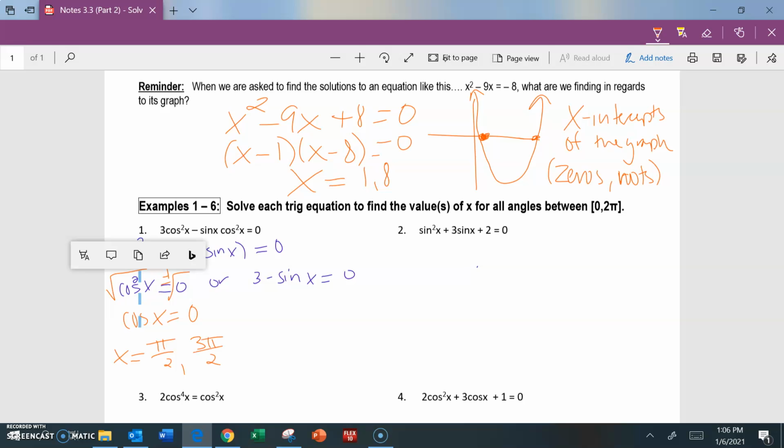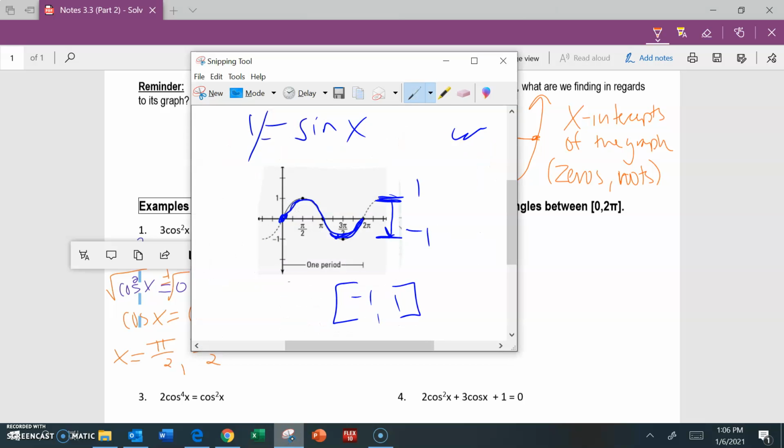We also have to worry about this equation over here. When I subtract 3 and then divide by -1, we have, when will the sine of x equal 3? That's why I pulled this graph up. When will the sine of x on our graph equal 3?